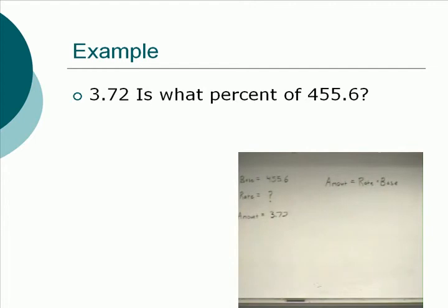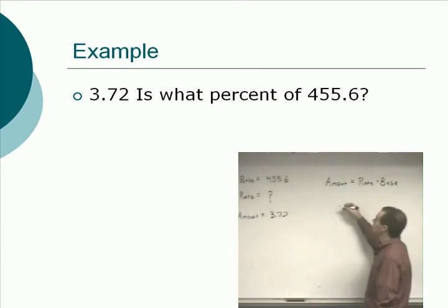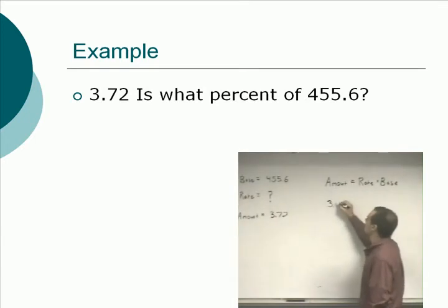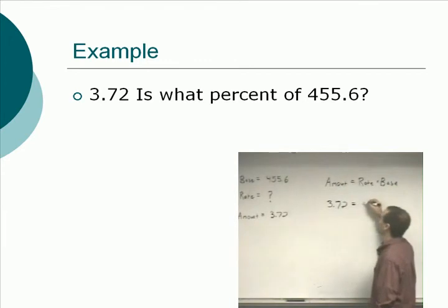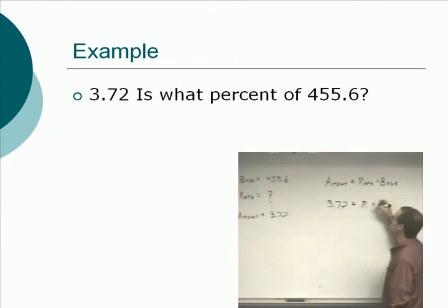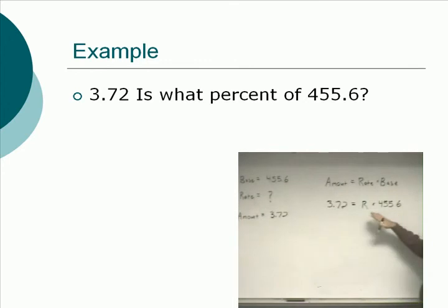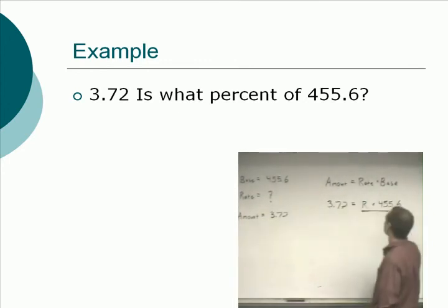Of indicates the base, and so of 455.6 is our base. And so we can use our relationship here and say that 3.72 equals the rate times 455.6. And of course, if you were just given this question, what most of you would probably do is divide 3.72 by 455.6. Well, that's what we're doing to solve this equation.